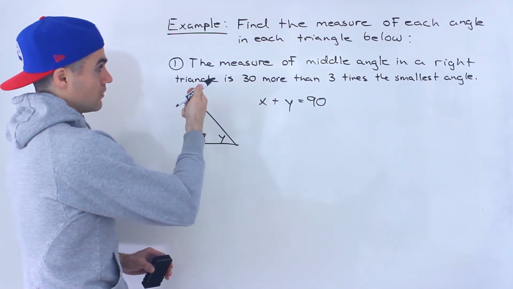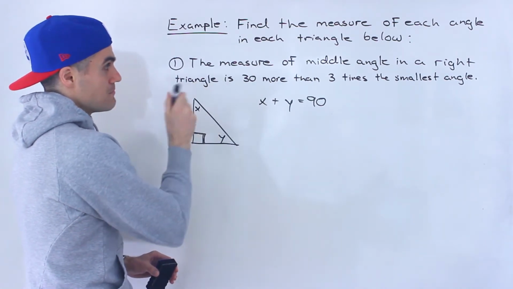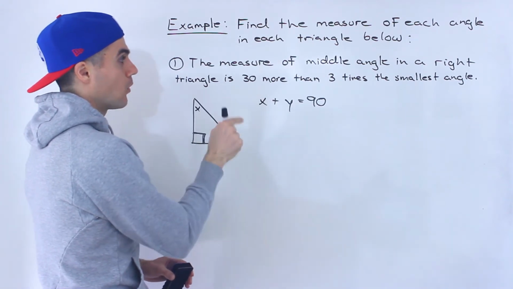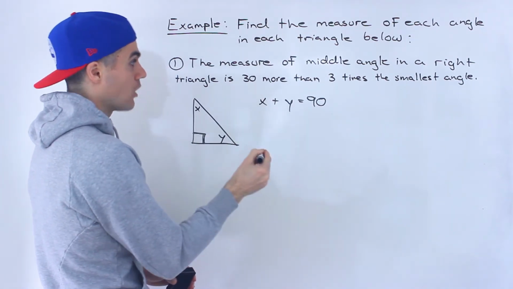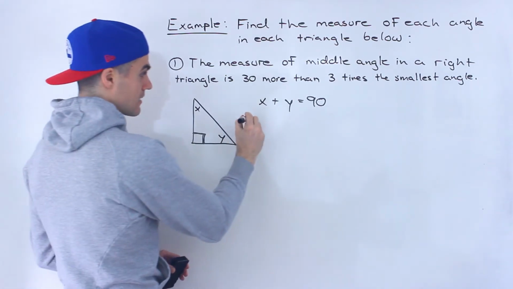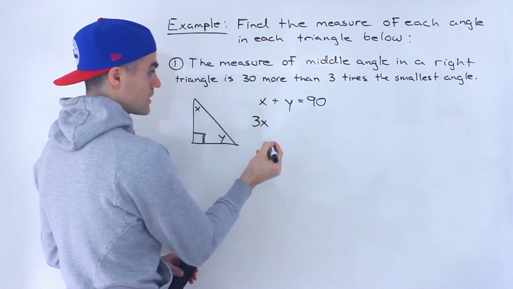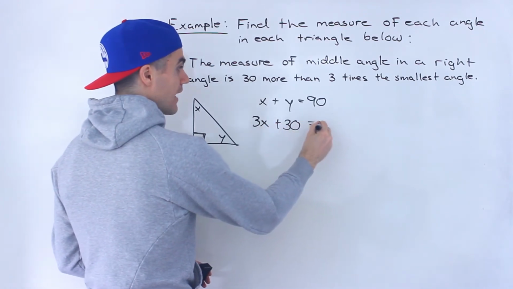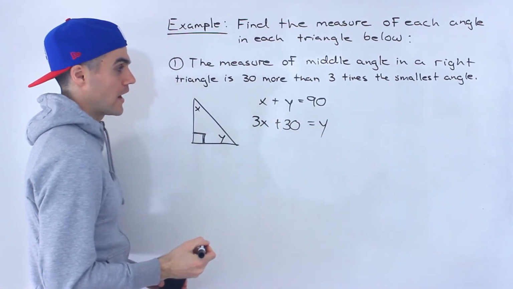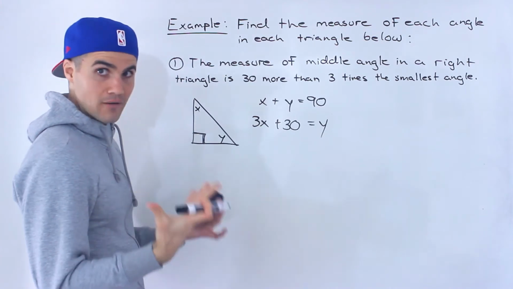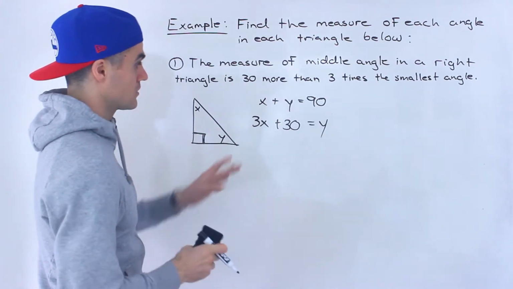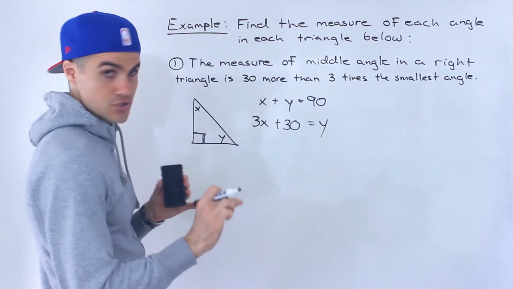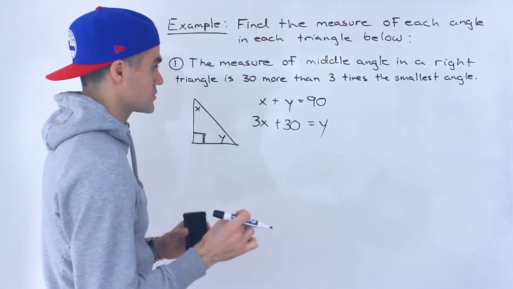What they say is the measure of the middle angle, which is y, is 30 more than 3 times the smallest angle. So if we take the smallest angle, multiply it by 3, and then add 30, we would get that middle angle y. With all that information, we have 2 equations and 2 unknowns.